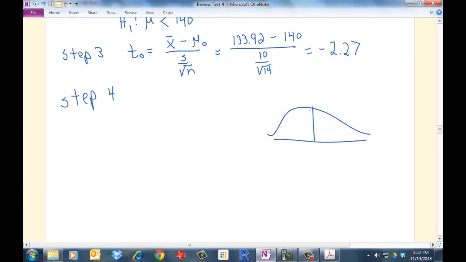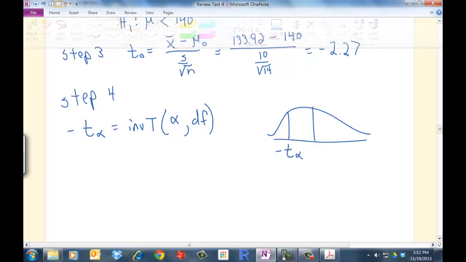And we're going to have the critical value, and we're going to use the inverse t with alpha and degrees of freedom to help us find the critical value that separates the critical region.